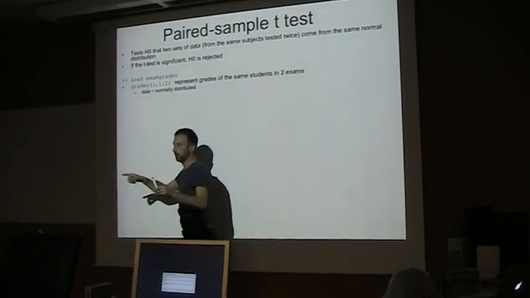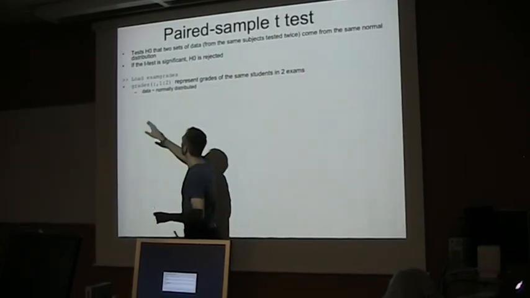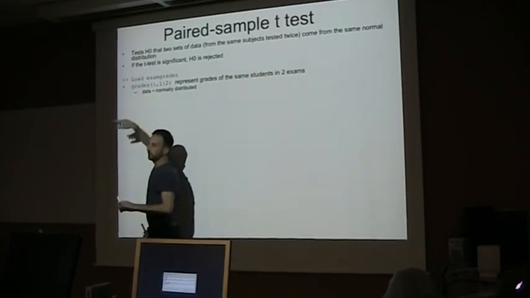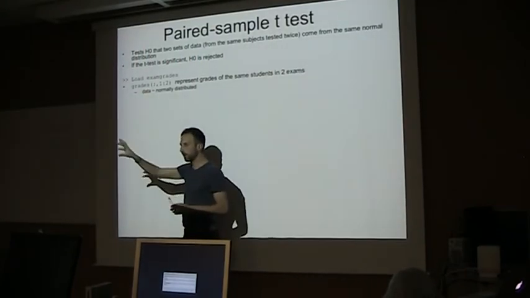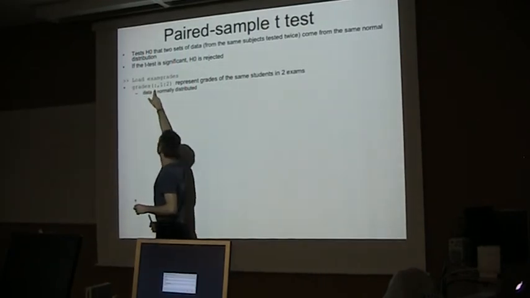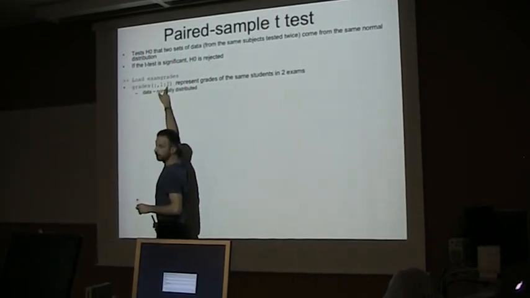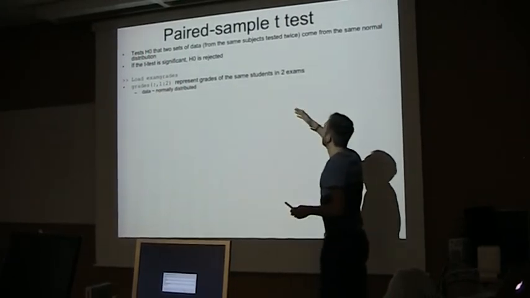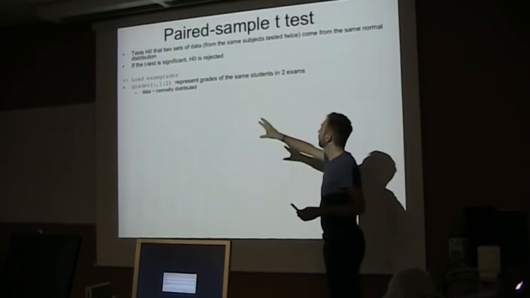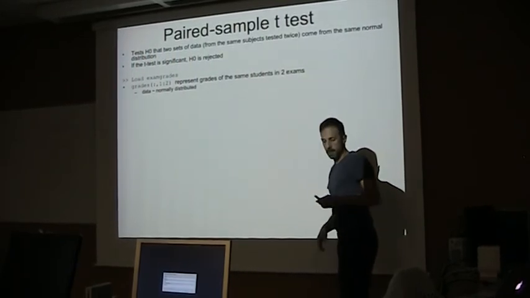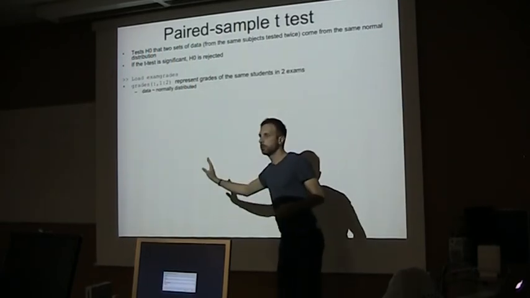Indexing with parentheses. You guys should now notice, whenever you see the name of a variable and open parentheses, it's calling elements of that variable. So I'm calling all the rows of the first and second column, right? And let's say these represent the same students, so you guys, in two different exams. And let's also say that the data is normally distributed.